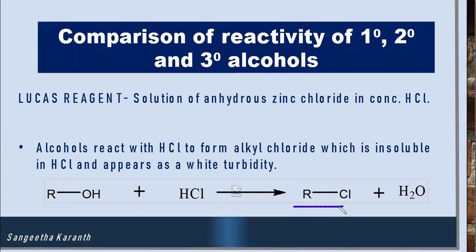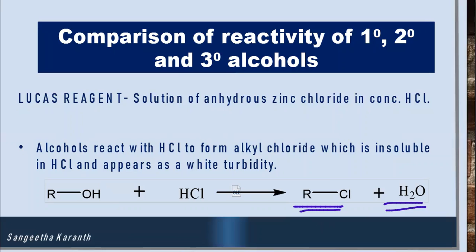So we can observe that the product that is formed here is RCl, which is nothing but alkyl chloride. Based on the formation of alkyl chloride, we can identify whether the alcohol which we have taken is the primary, secondary, or tertiary alcohol.